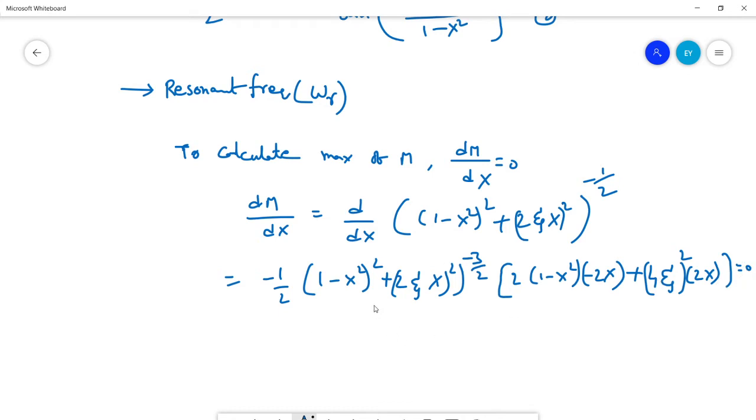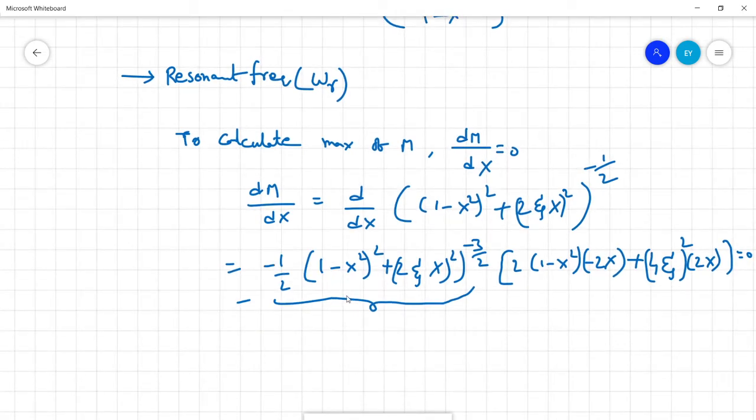So here if you observe, anything to the power can't be equated to 0. See here the whole thing is having some power. This can't be equated to 0, and we can't equate this term to 0. So the leftover term is this, we can equate it to 0. Since there is a power, we can't equate it to 0.